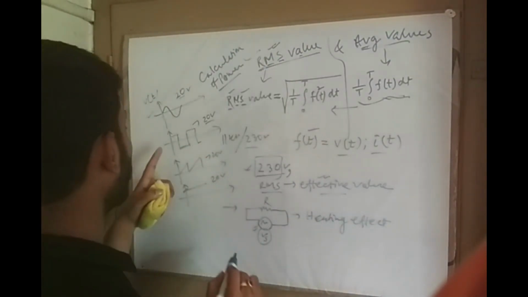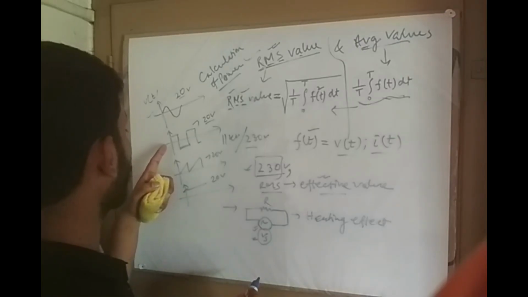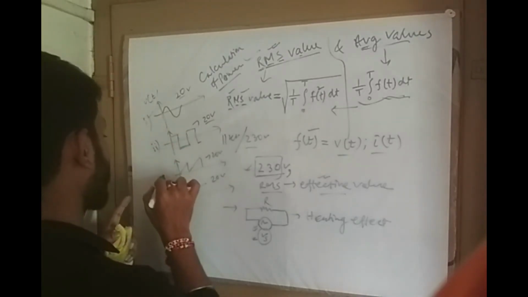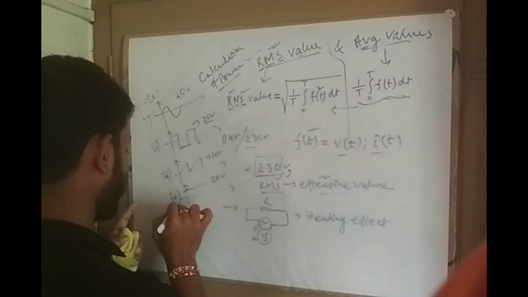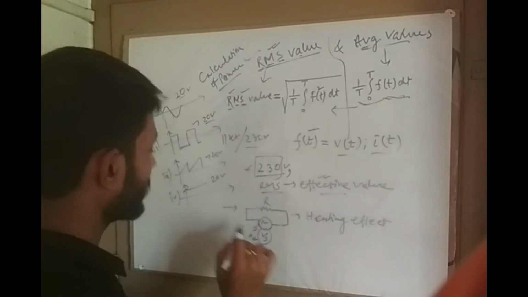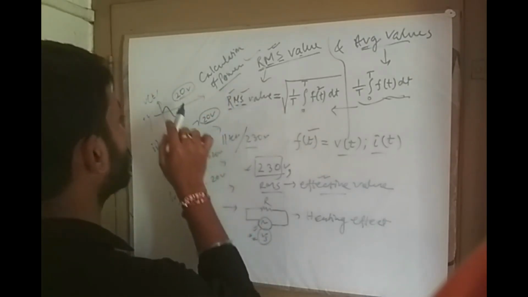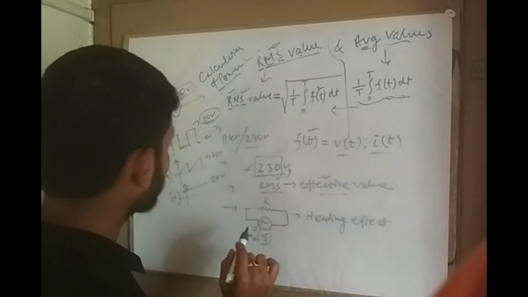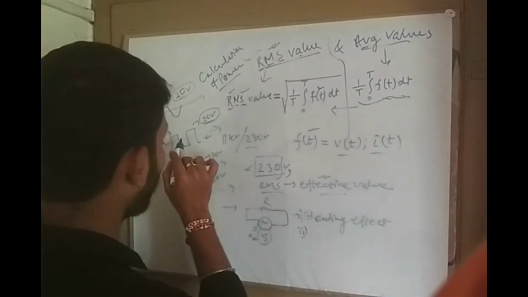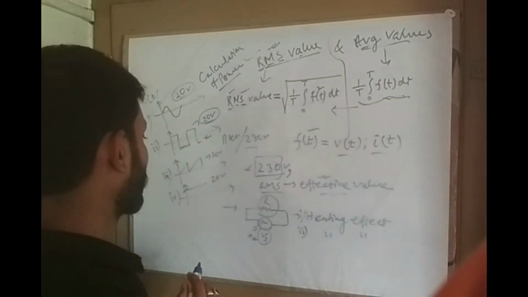Now, if we apply the rectangular wave shape, in the second case, as the RMS value for both the cases is the same, this waveform will also produce the same heating effect through this resistor.